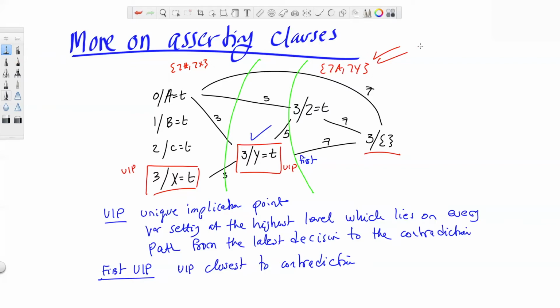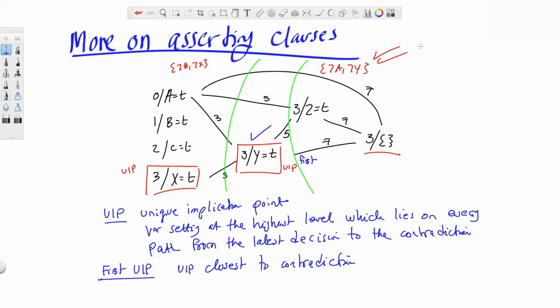Again, people found that this first UIP asserting clause is something that you want to choose. This is an example of a heuristic, and here are basically the definitions in this particular case.